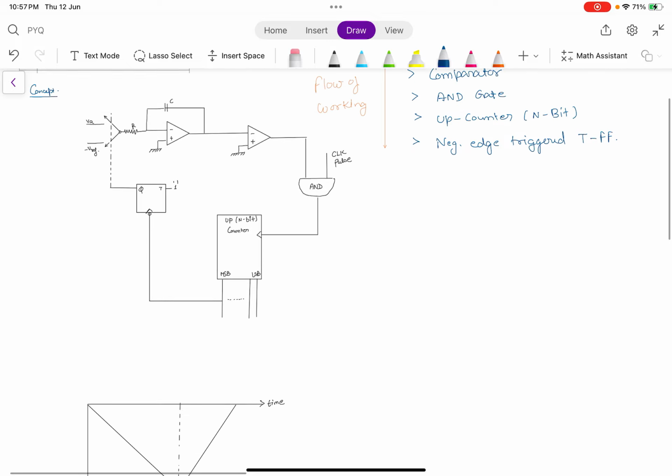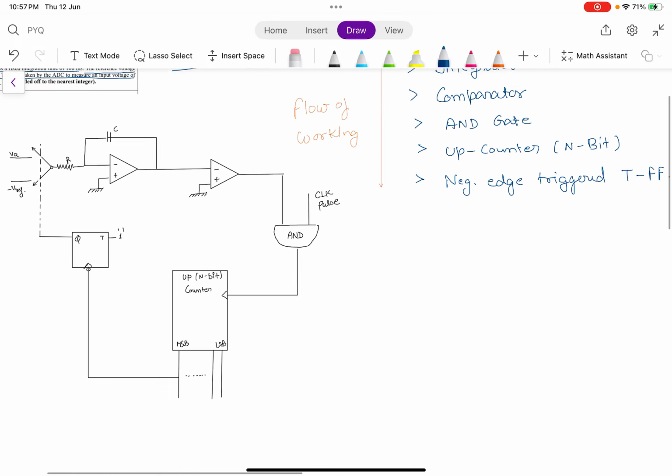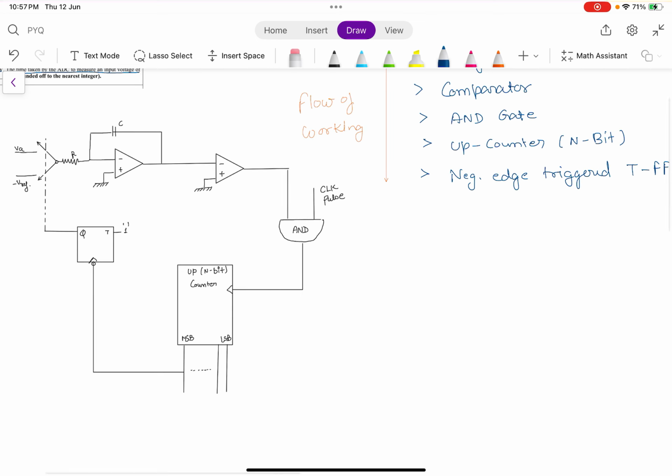Let's understand what is the mechanism behind this. We will start first with the values of VA and V reference. The first important point is VA, which is referred to as applied voltage, also known as input voltage.